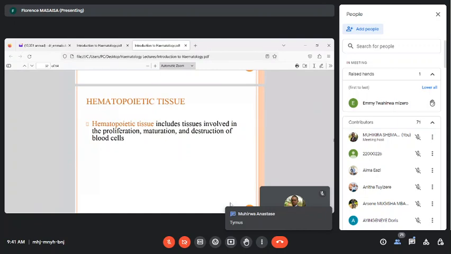Who can tell us what those hematopoietic tissues are? Just cite them, mention them. Any idea?